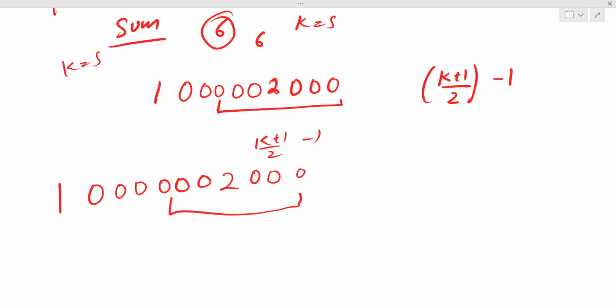So in any way, what we are doing is, first we are putting 1, then we are putting k zeros in our final number. Then we are going to substitute 2 here. And then we are going to have (k+1)/2 minus 1 zeros here.